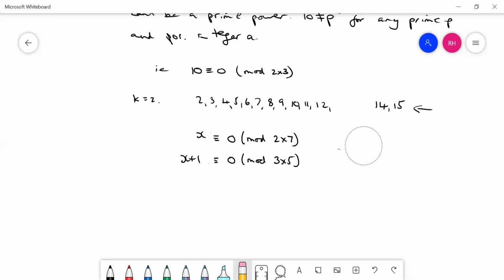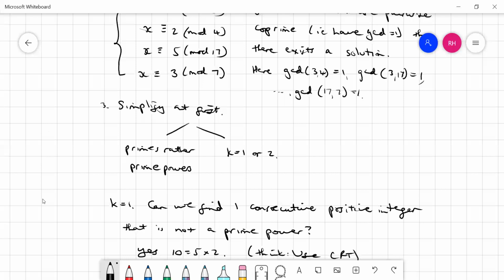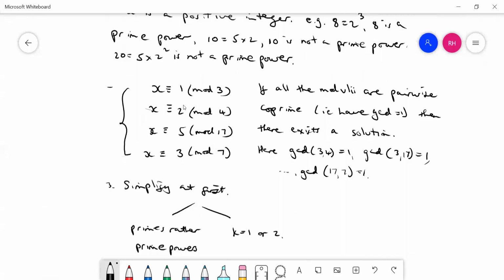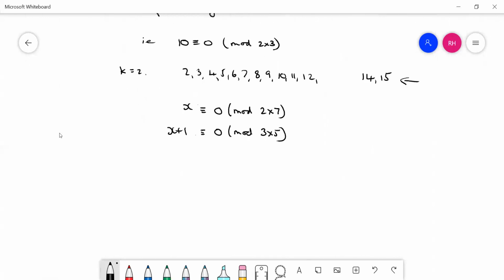For the Chinese remainder theorem, we have to recast this one, because all of these terms here have to be in terms of x. So we're pretty close, but we've just got that x plus 1 there.